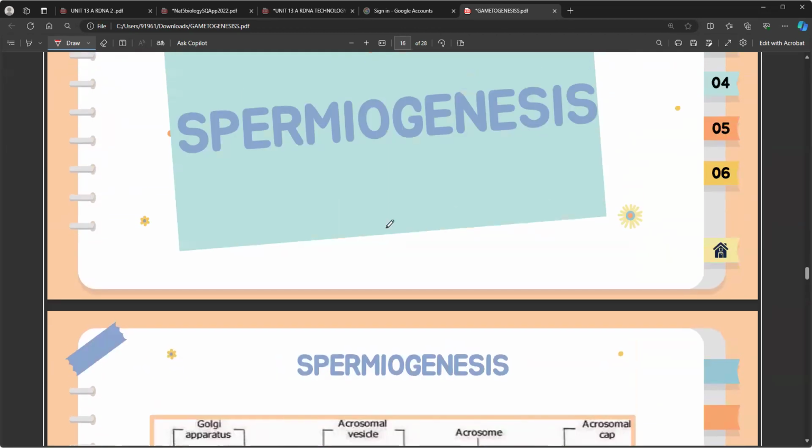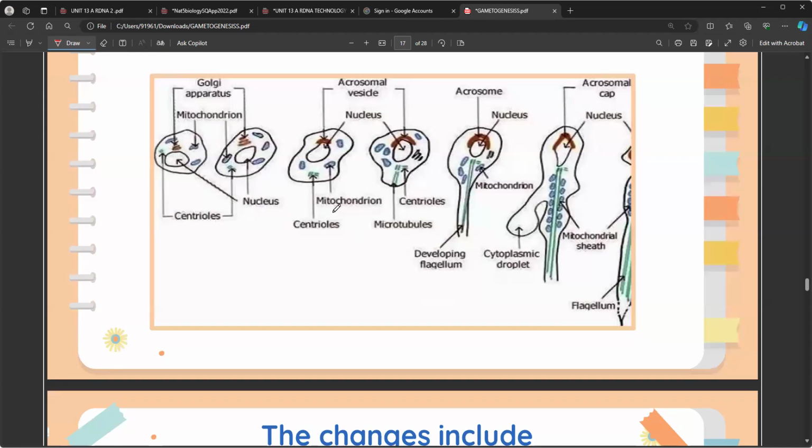Now I want every single student to look into the picture correctly. What is this, friends? This is the nucleus. And this is the acrosomal vesicle or modified secretory vesicle, which is made up of the Golgi apparatus. And this is what, friends?